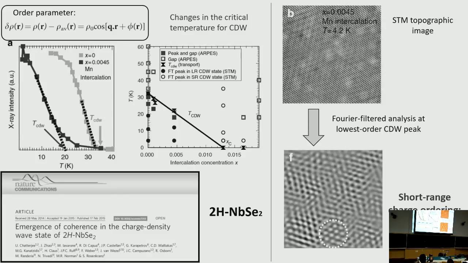And by analyzing some STM results, they can show that indeed we don't have long range order. You actually have short range order. You have charge density wave puddles instead of a true long range order. And this is quite interesting for us, because we can analyze these things in our model.